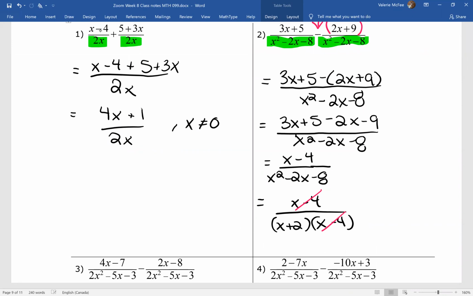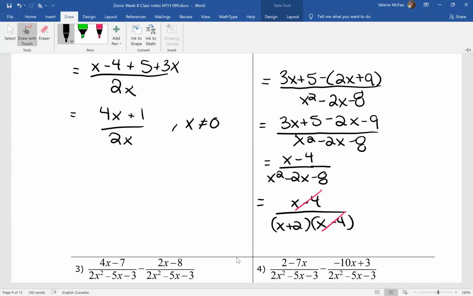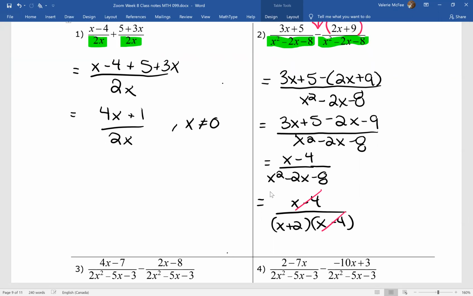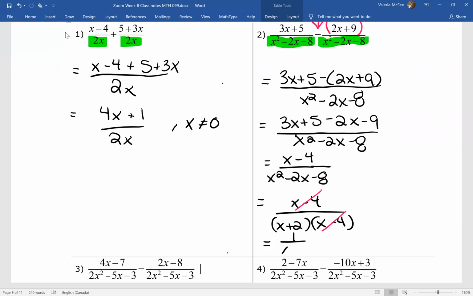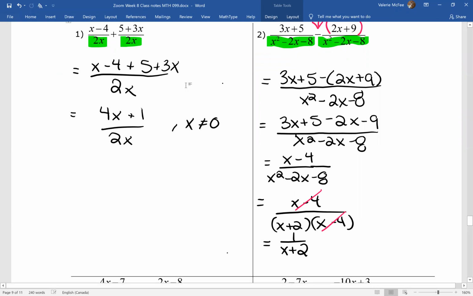Remember, we said that you should always simplify your rational expressions. In the numerator, we have 1. In the denominator, x plus 2. This is our final answer for this question.